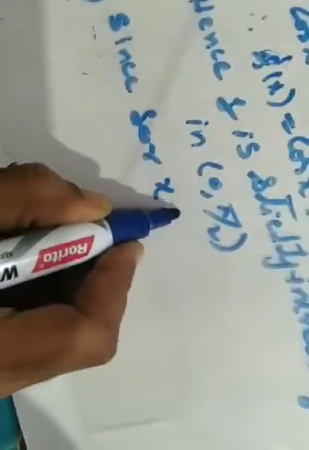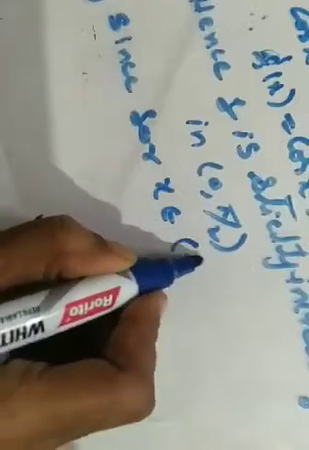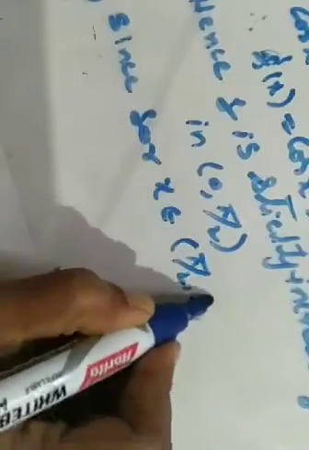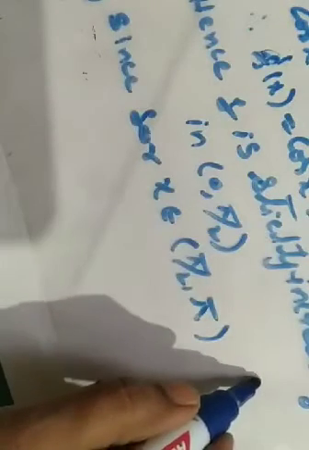Since x belongs to pi by 2 to pi. Pi by 2 to pi means it comes in which quadrant? Pi by 2 to pi means it comes in second quadrant. In second quadrant cos is negative, isn't it?